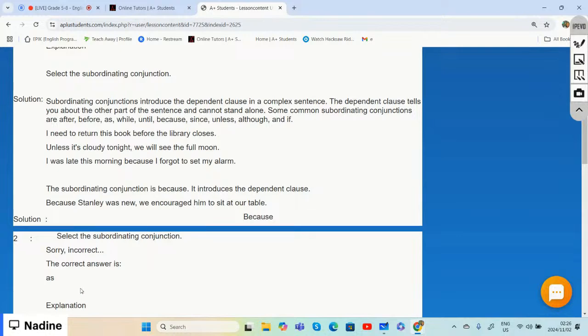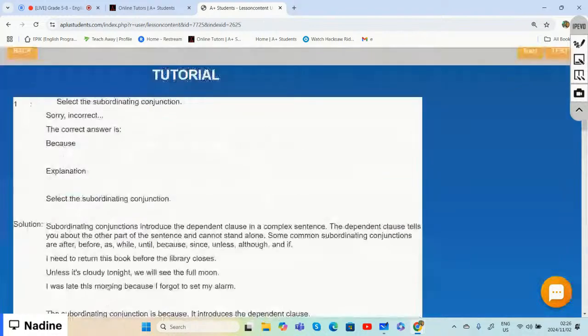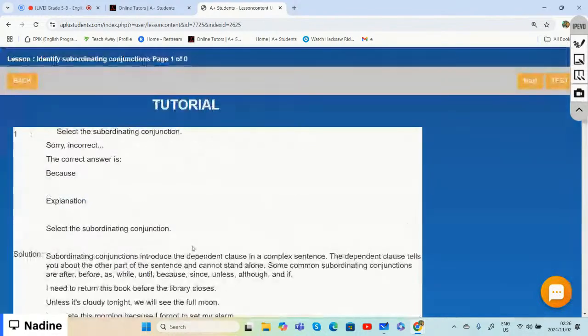All right. Now we are going to our test where we are going to identify subordinating conjunction.